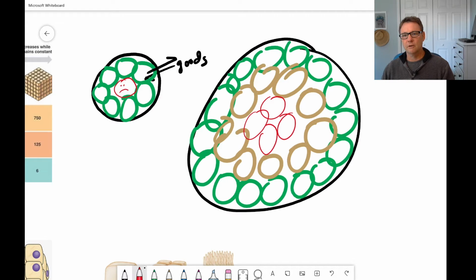So this is setting up a driving force in nature to keep cell size and organism size constrained unless they evolve new features.